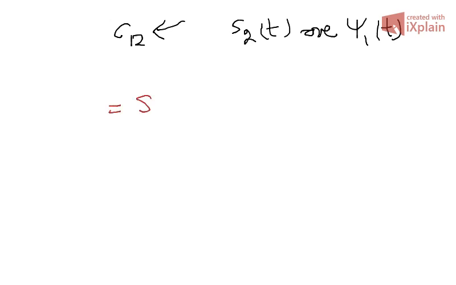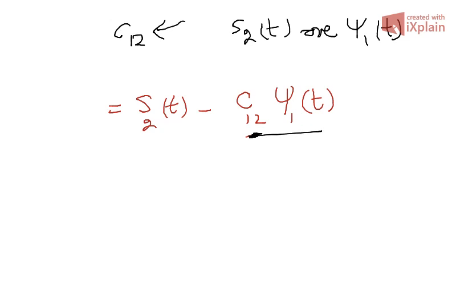So C12 psi 1 of t is actually the projection of S2; this scalar represents the projection of S2 over psi 1. We want to subtract this projection from the signal, and we call the result a signal D2.